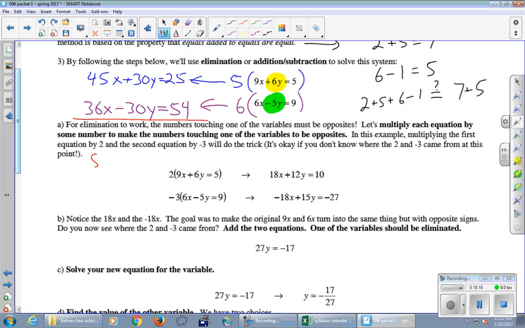So we got 81x. The y's all disappear, equals, and then we add on the right-hand side. 79 is good. Lo and behold, a really easy equation to solve, right? X equals 81 over 79 or 79 over 81? 79 over 81. That's it.